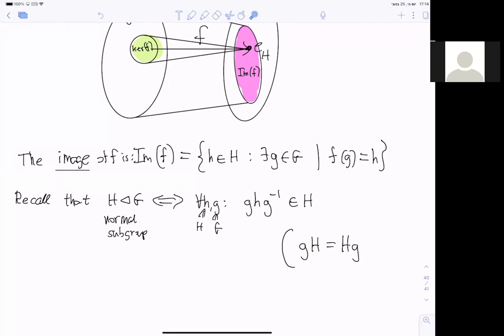No, no. This is equality of sets, which means that any element here appears also here and in the other direction, which means that if an element here is gh, maybe you have another h here multiplied with g that gives you the same element.